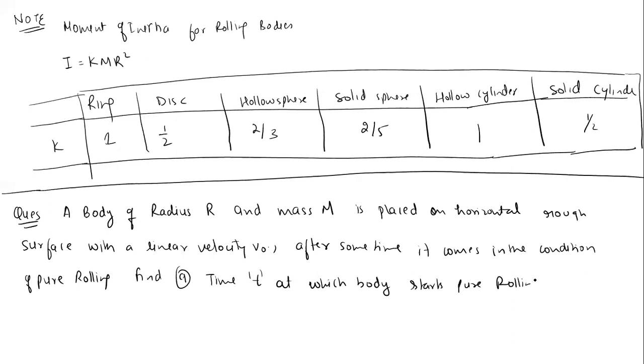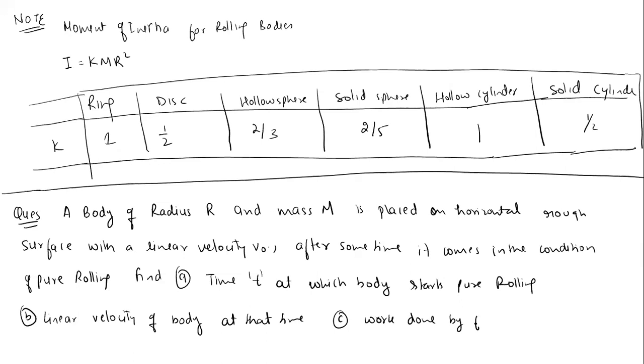Second part, the linear velocity of the body at that time. And third one is the work done by the friction force in the time t.